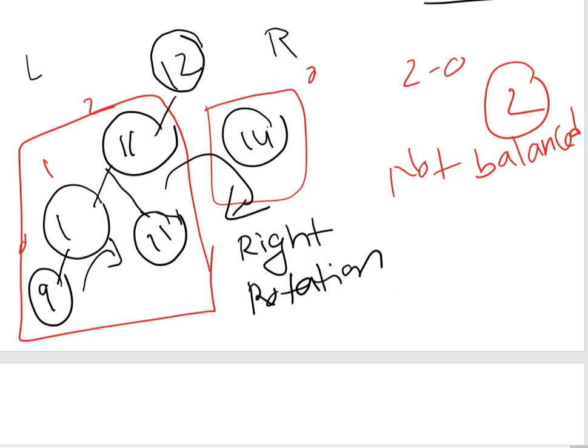It will be 11, 10, 11, 9, 8. Now it is a binary search tree, right? 12 is the root, less than 12 is 10. 10 is correct.